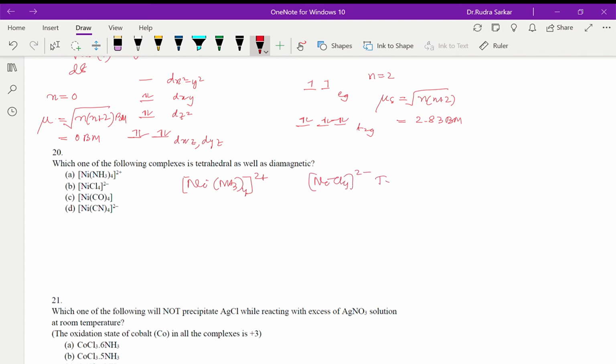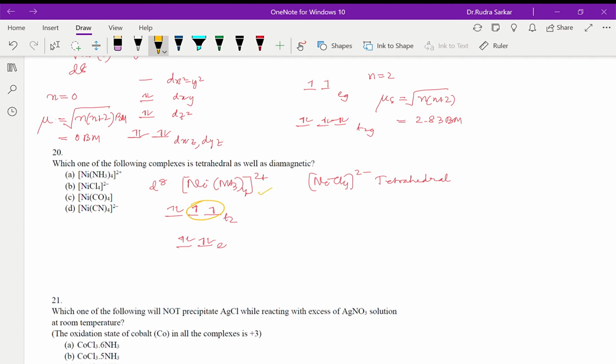These are tetrahedral, but D8 system. These are always high spin, so they cannot be diamagnetic because there are two unpaired electrons out here. As we can see, there are two unpaired electrons, so cannot be diamagnetic.